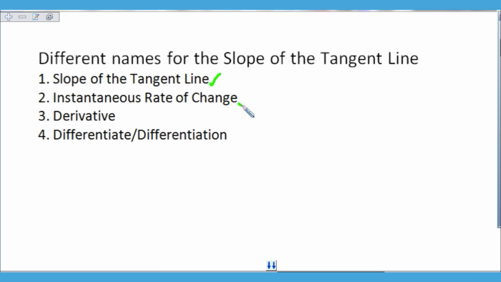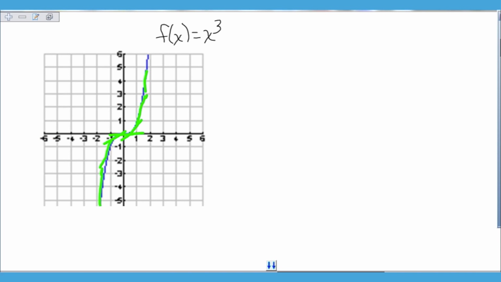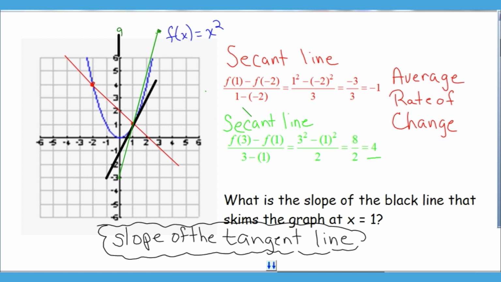If they ask you for the instantaneous rate of change, let's go back and look at that picture again, the very first one. If the red and green lines are average rates of change between 2 points, what this tangent line is really wanting you to find out is how fast you're going on that skateboard at the instant x equals 1.